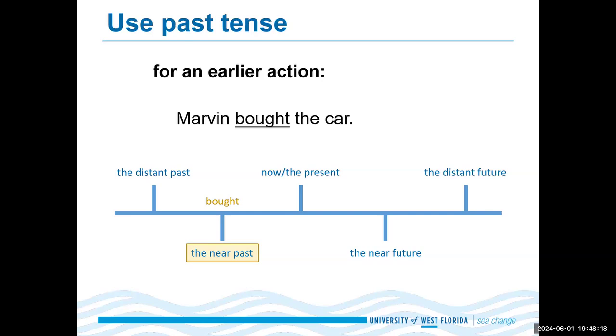Bought is actually the past tense of buy. We cannot say Marvin buyed the car. There's no past tense of buy having ed. It's very wrong. So Marvin bought the car. That means nabili ni Marvin yung car. Okay, that's the near past for an earlier action.